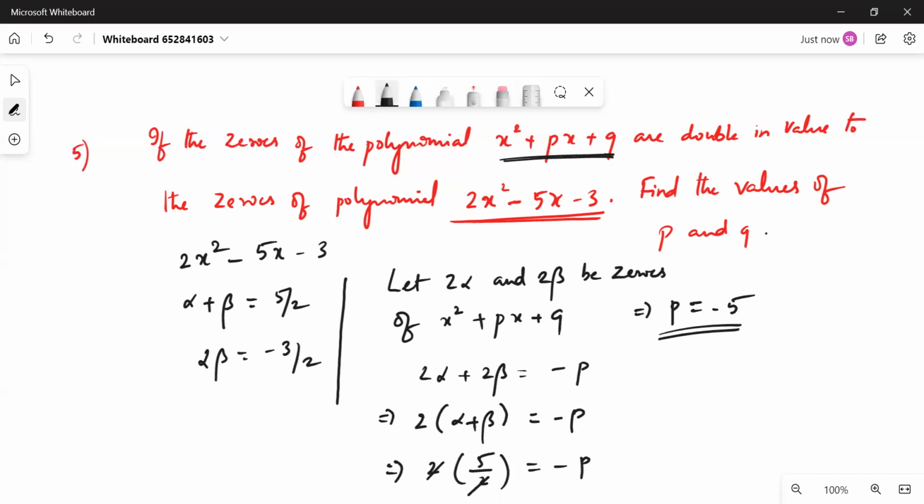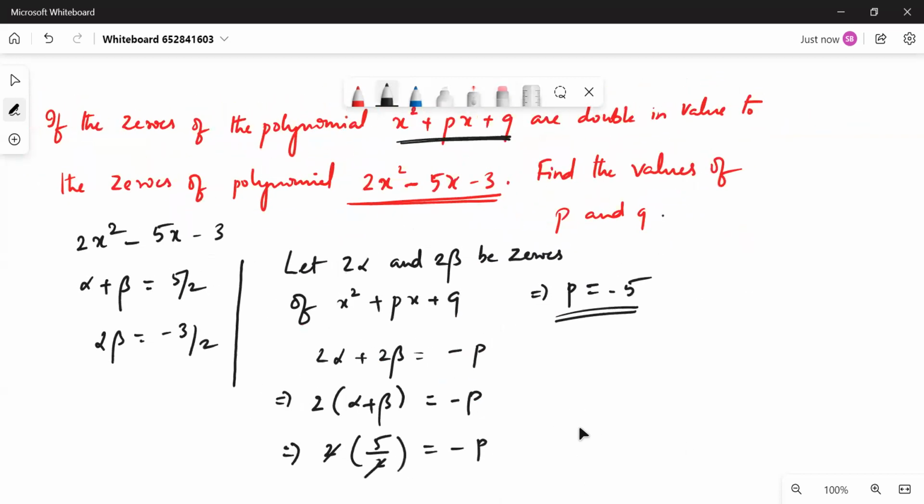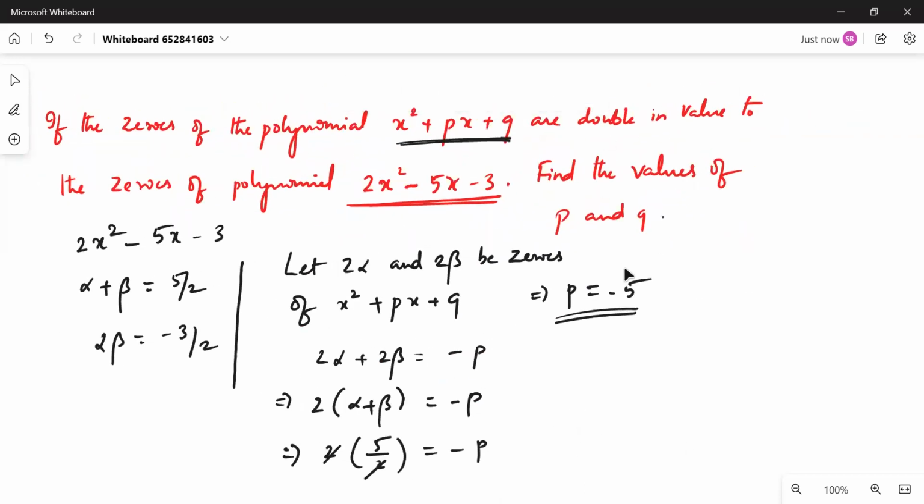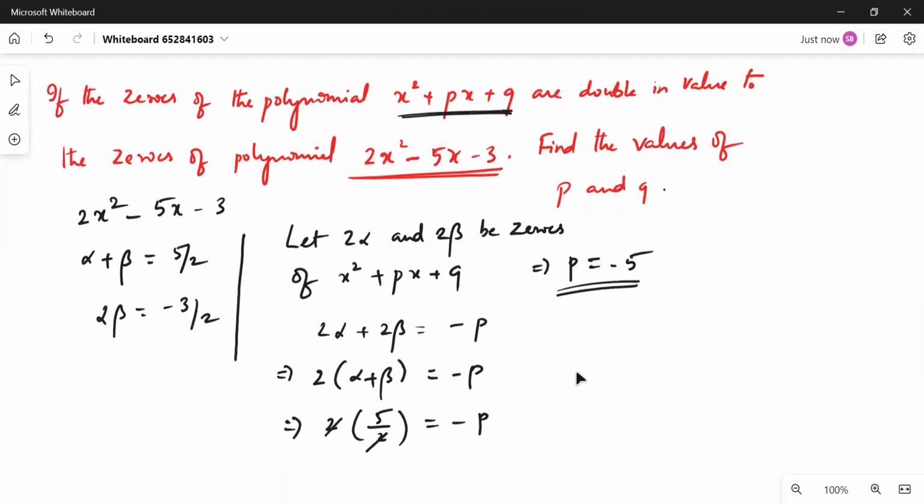Now in the same way, can I find q value also, sir? 2 alpha into 2 beta will be equal to q.